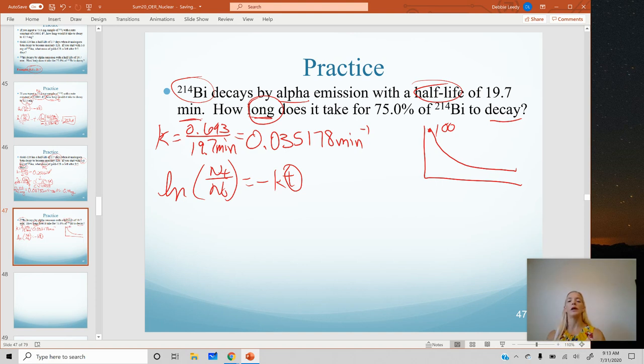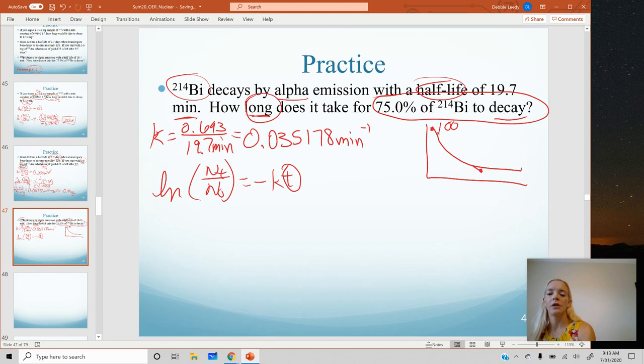What we need to figure out is what this is telling us. So if 75% of it is decaying, how much still remains? Hopefully you figured out that we still have 25% left.